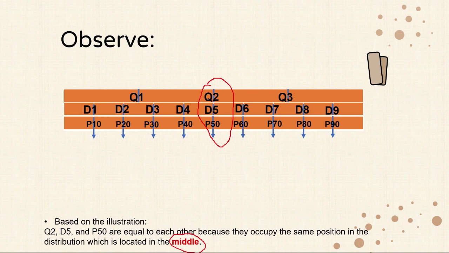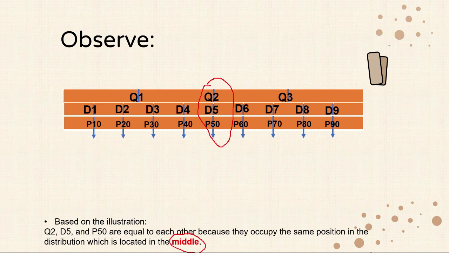Then the other one is the decile 1 and the P10 are also equal to each other. Same with D2 and P20, D3 is equal to P30, D4 is equal to P40, D5 is equal to P50 and quartile 2, D6 to P60, D7 to P70, D8 to P80 and D9 is equal also to P90.